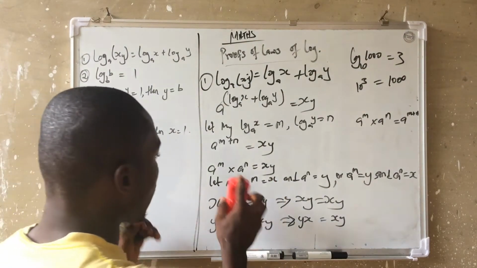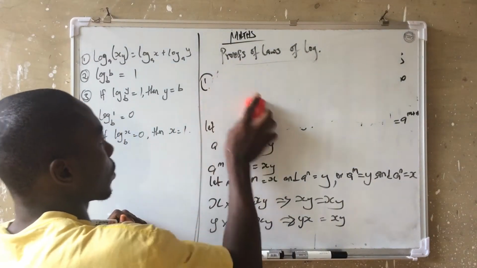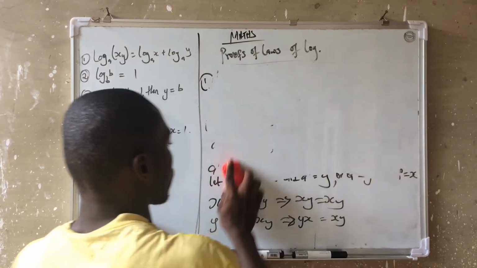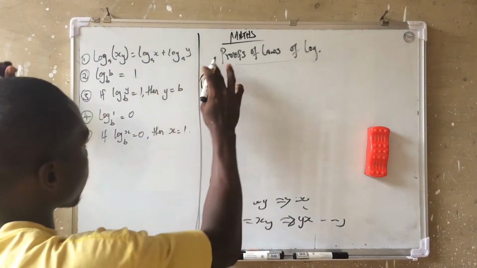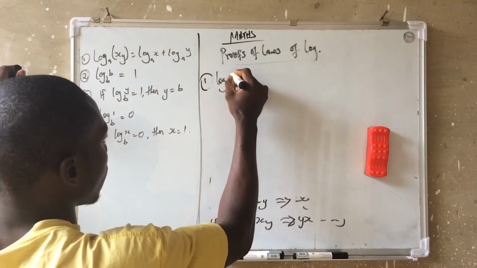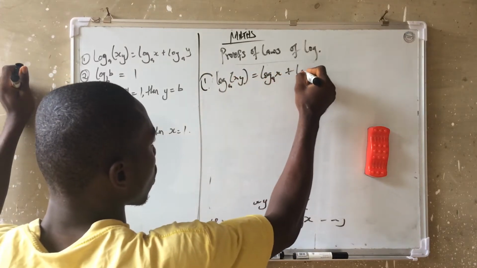So there's another way I did this. The other one says the log of a of xy is equal to log a of x plus log a of y.